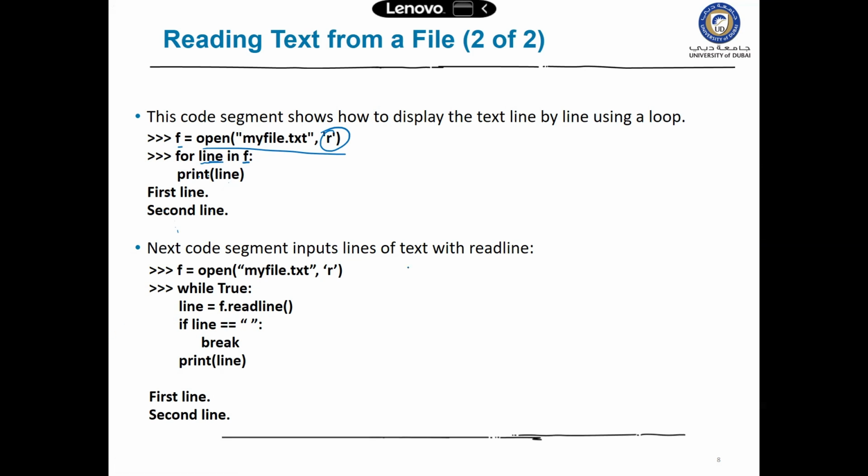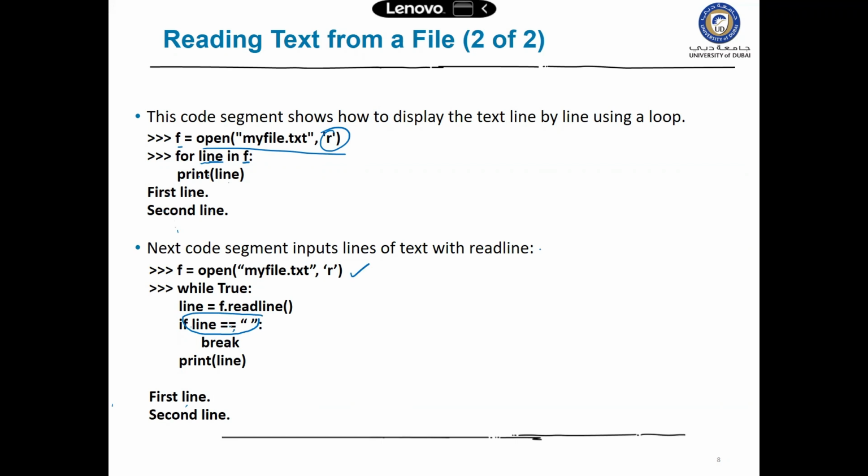This one is kind of the same thing, but here you read the line. It will traverse over each line individually until you hit the last line. The last line will give an empty string. So once you reach the empty string, you do a break. Open file, the same thing. While True, that's an infinite loop. Line equals f.readline.